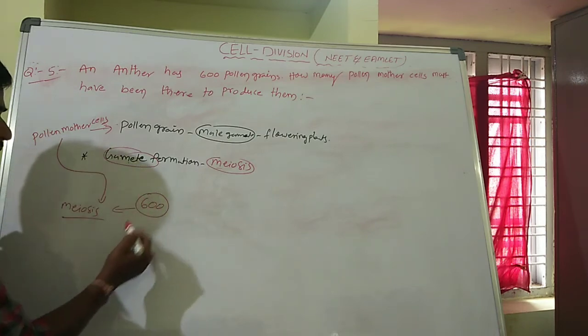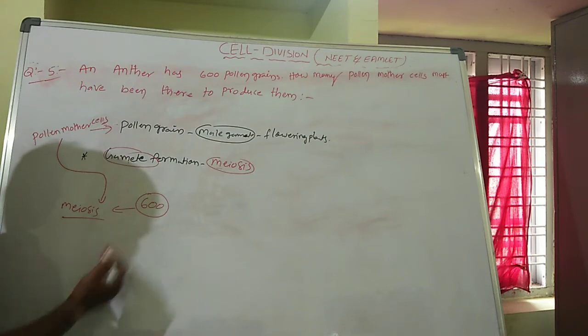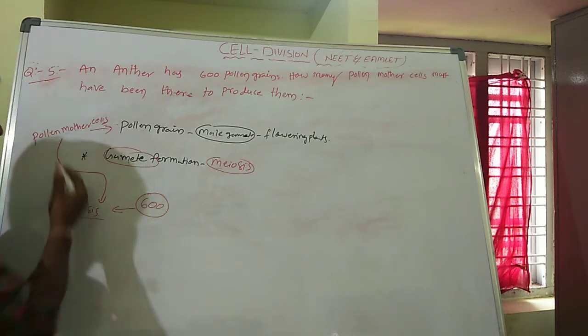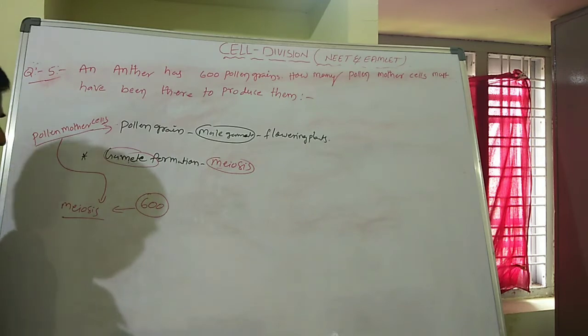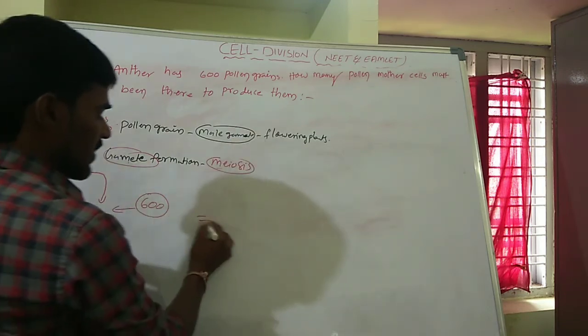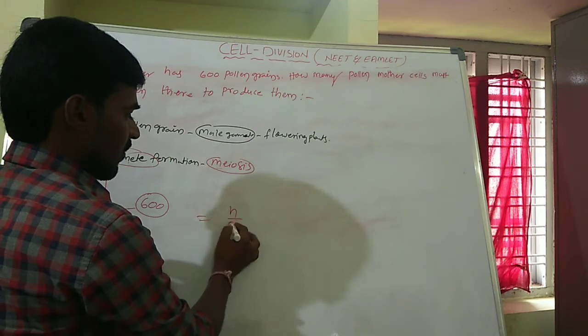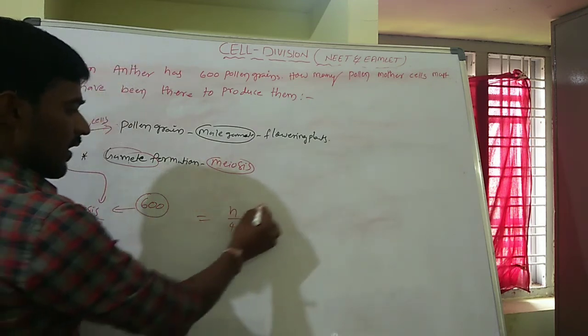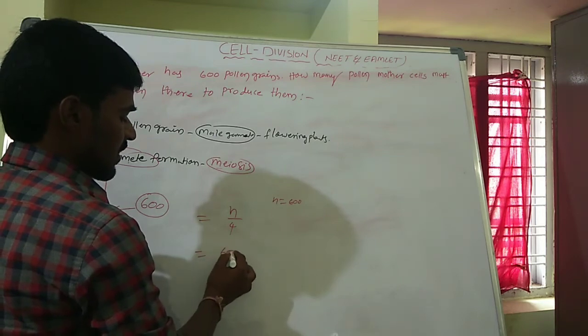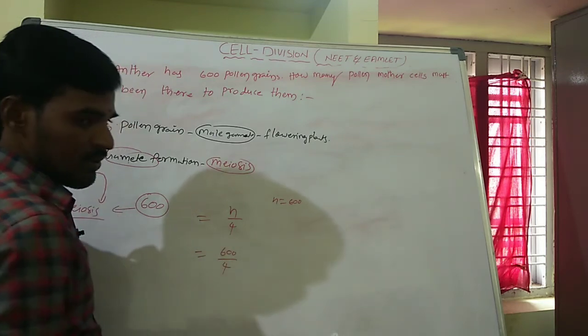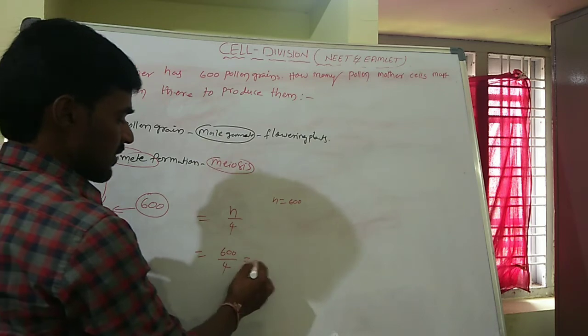How many pollen grains will be developed here? 600 pollen grains will be developed from how many pollen mother cells? This is the question. Now, for this, n by 4. The n is equal to 600, it is equal to 600 by 4. The answer is 150.